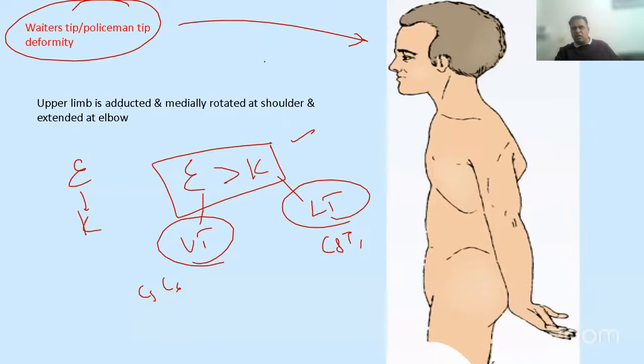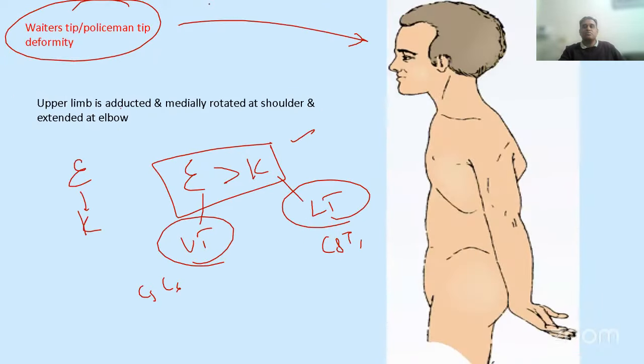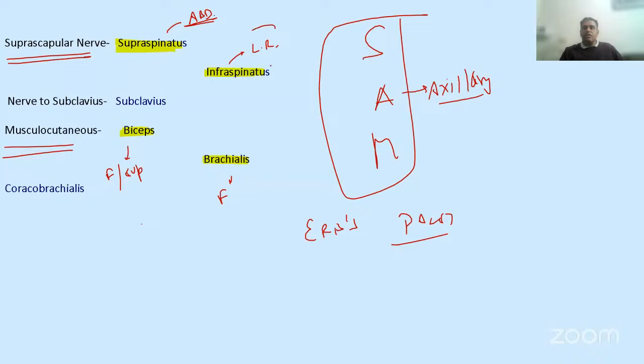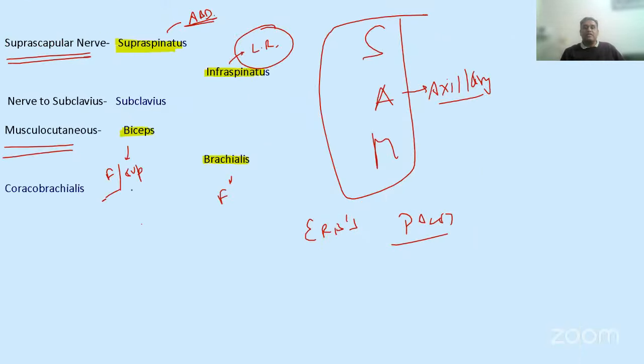So how to remember it when not getting the point? See, if abduction is involved, then the arm will not be abducted, it is adducted. Yes or no? Yes. When lateral rotation is not being done, the arm will be medially rotated. Is it medially rotated? Yes, sir. When flexion is not done, flexion of the forearm basically, the forearm will be extended.